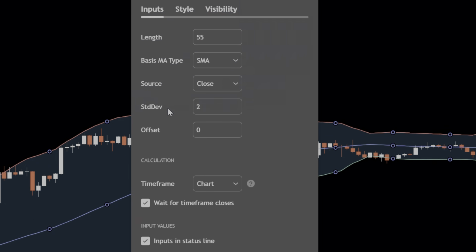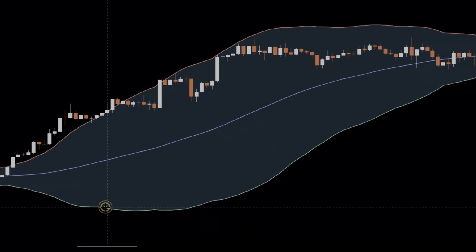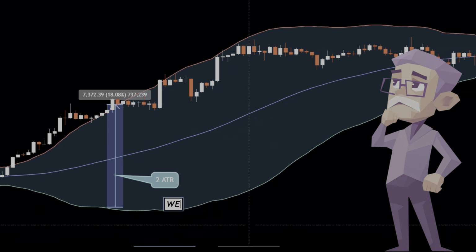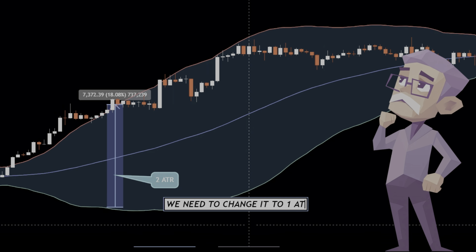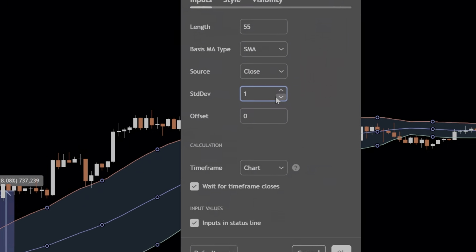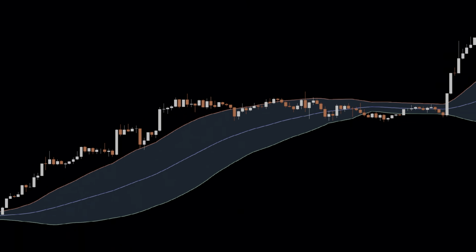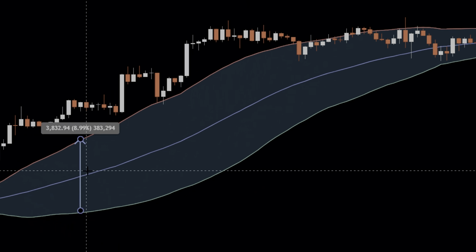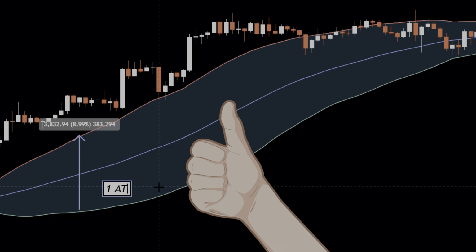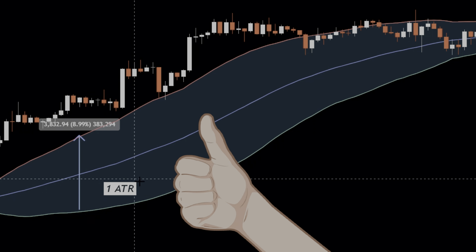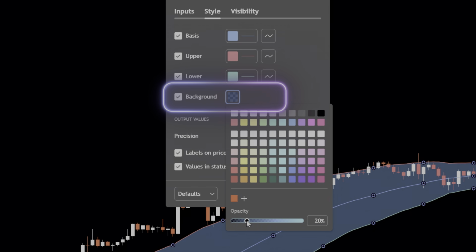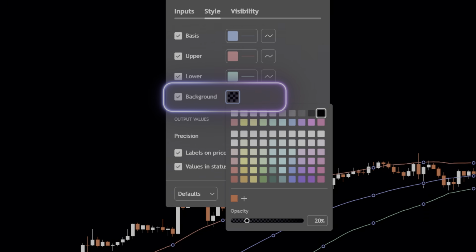Next, I adjust the standard deviation to my preferred settings for this specific strategy. And finally, I change the background color so the squeeze is impossible to miss.